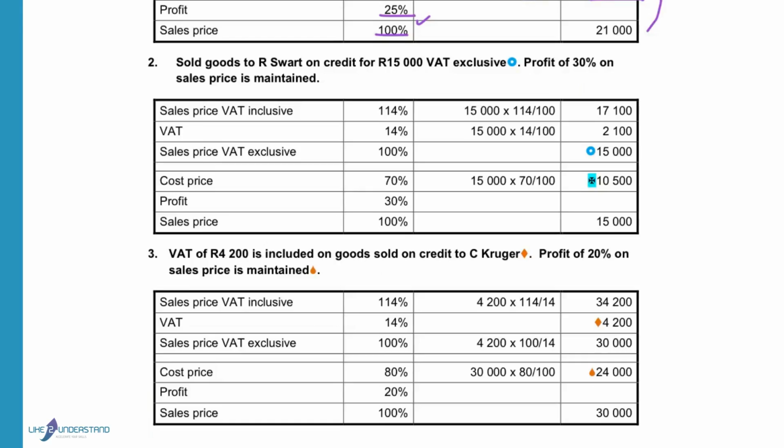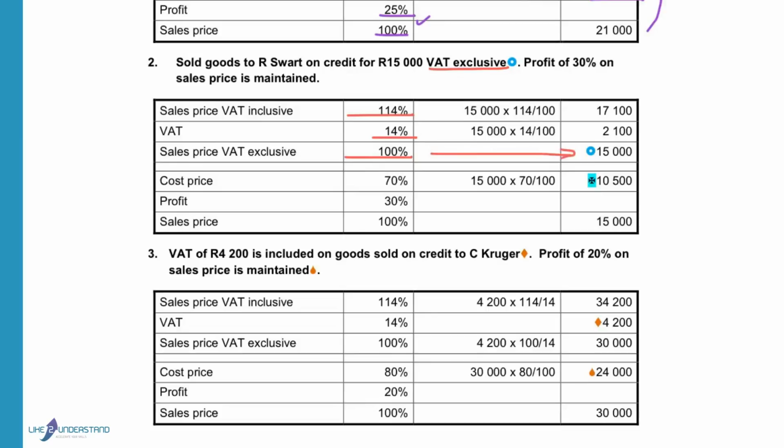Sold goods to Arswat on credit for 15,000, VAT exclusive. So the VAT is not included in the 15,000. The sales price including VAT is 114, VAT is 14, and the sales price excluding VAT is 100%, and that equals the 15,000 that's given to us.